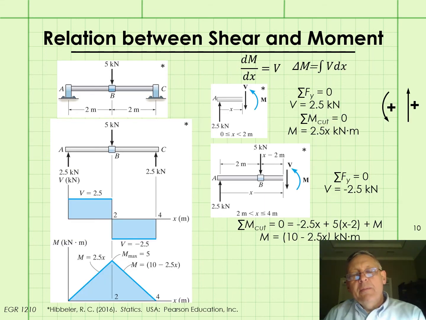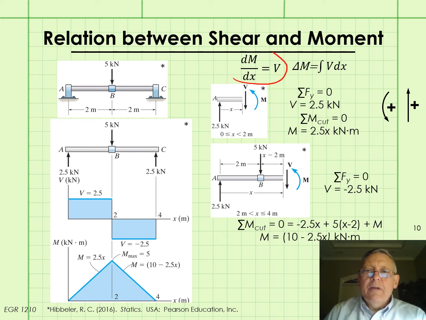Now let's see if we can apply the relation between shear and moment to our example problem. So we said on the previous slide that the slope of the moment curve is equal to the shear at any point x.